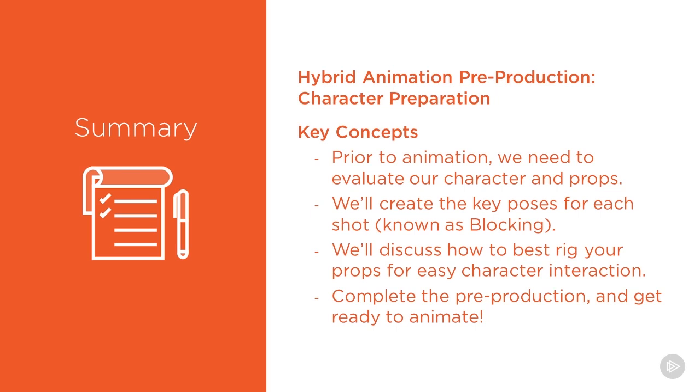We'll deal with the props, and then we'll finally test our character in the environment scene as a reference file and save the master formats for use in animation production. Basically, we'll finish the pre-production and then move on in the next module to producing the animation.